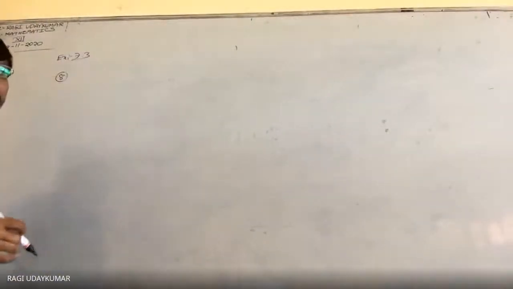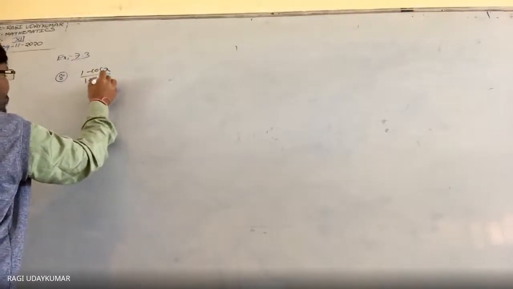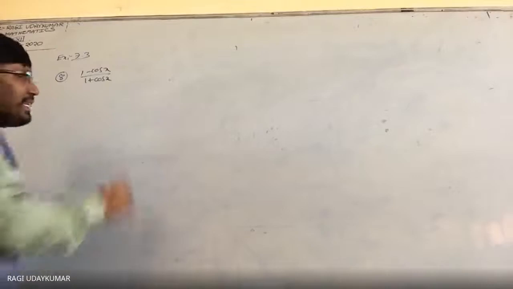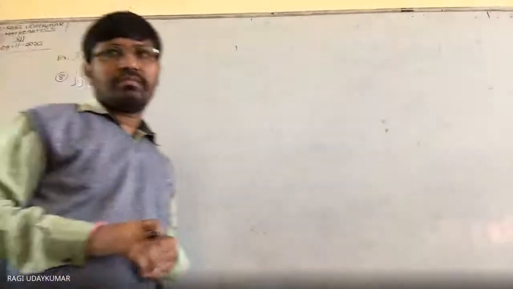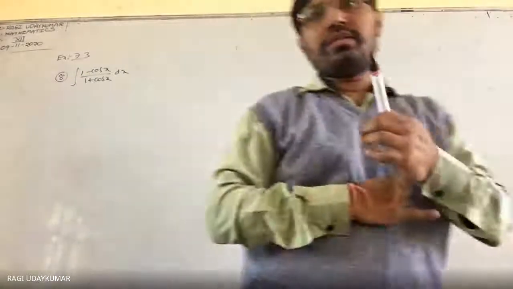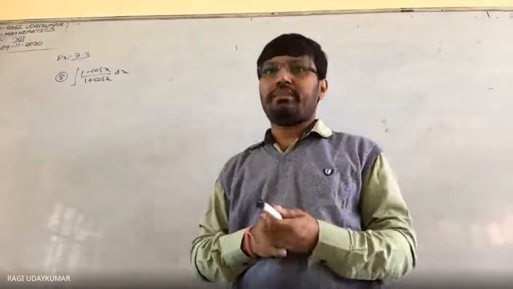So 8th problem, in the 8th problem it is given that integration of 1 minus cos x by 1 plus cos x. Observe that it is in the what form? Submultiple angles. We call them as the submultiple angles.